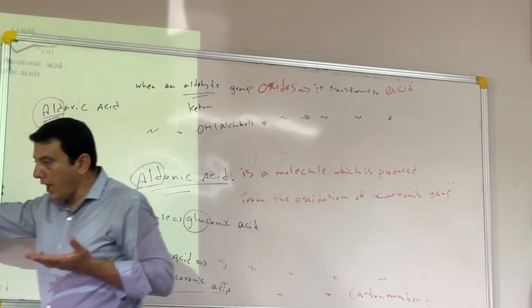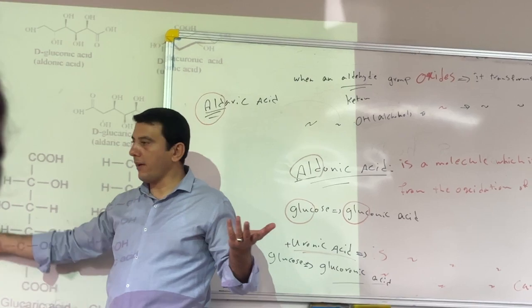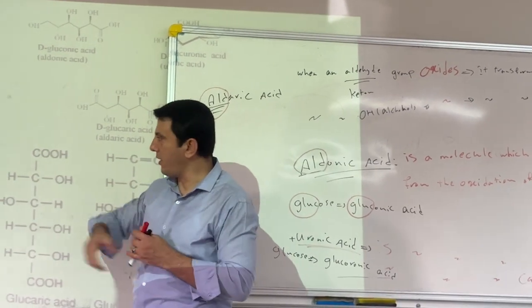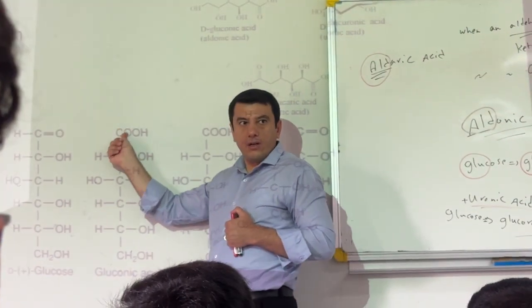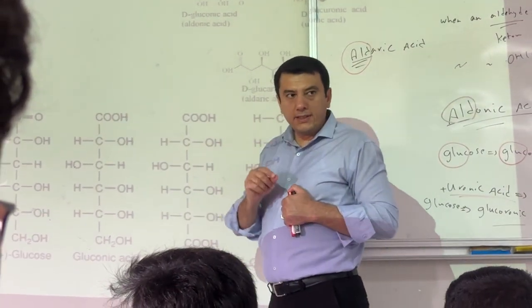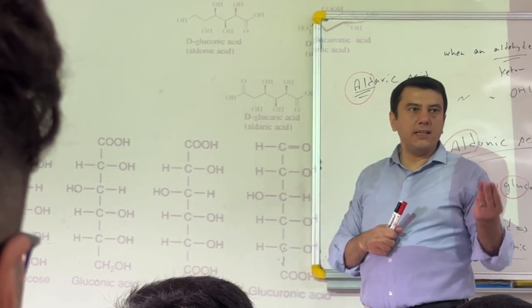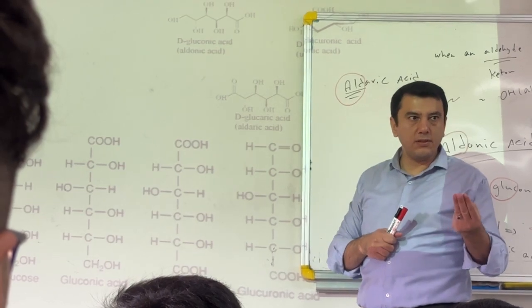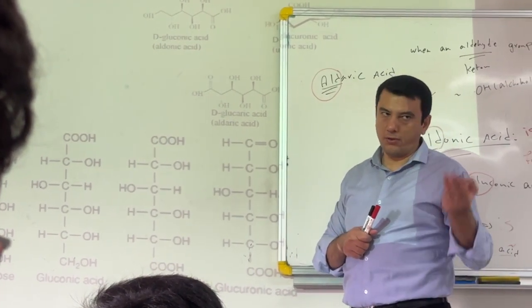So such a type of reaction is a typical reaction of oxidation. You can see that this molecule gains an O group, oxygen group. So in oxidation of monosaccharide, three different types of molecules will be produced.